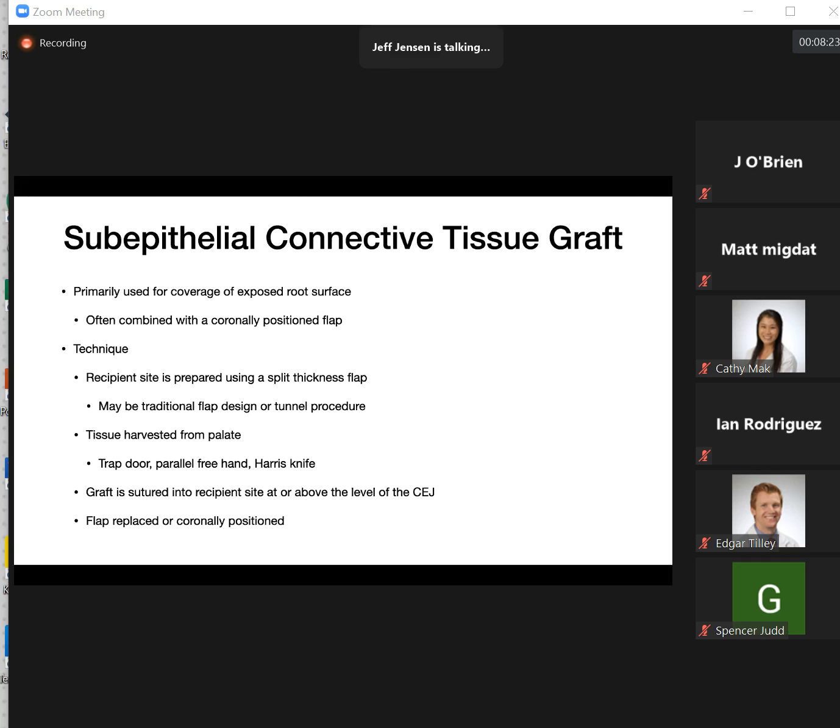Okay. And so that kind of keeps me away from that greater palatine area. Okay. And then when I'm making my incisions, I'm typically trying to stay as close to the epithelium as I can. So I'm not trying to be very deep as far as towards the periosteum or towards the palate.